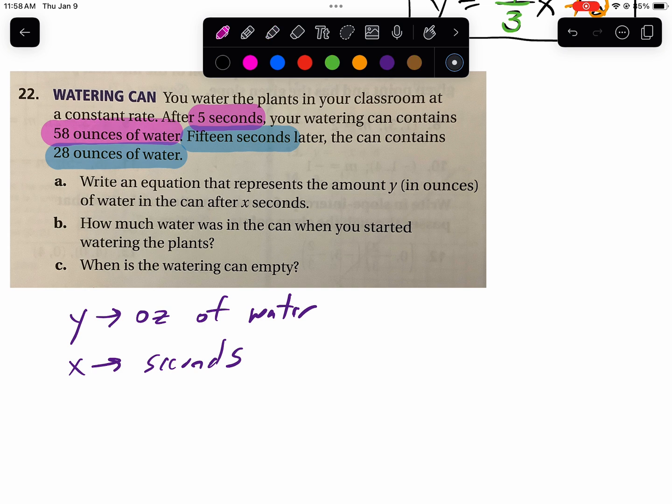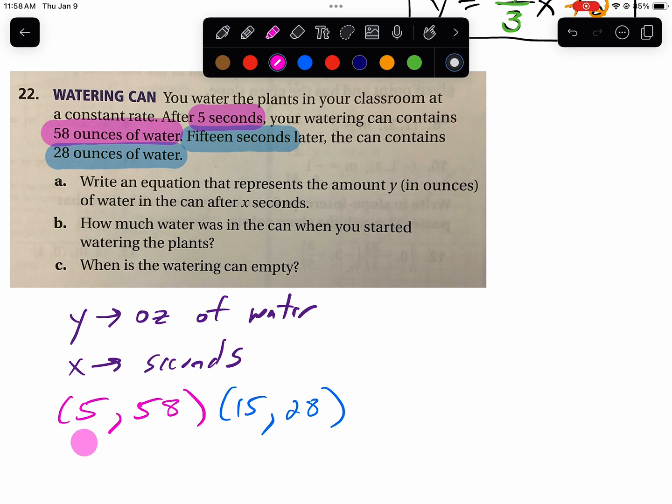Okay, well, we can work with that, right? If that's in x comma y, so 5 comma 58, and another x comma y, 15 comma 28, well then that's something we can work with, right? So that's looking very similar now to 2 points.